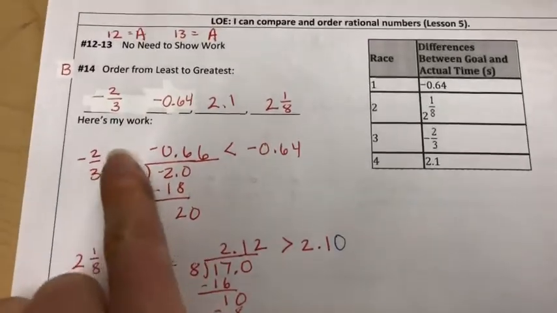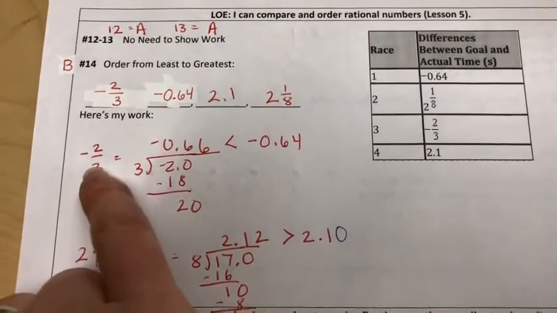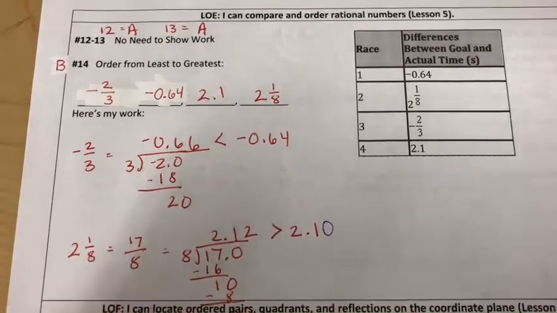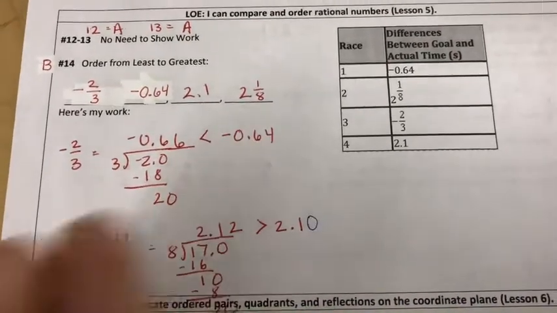So when you order these, -2/3 is the smallest, then -0.64, then 2.1, then 2 and 1/8.